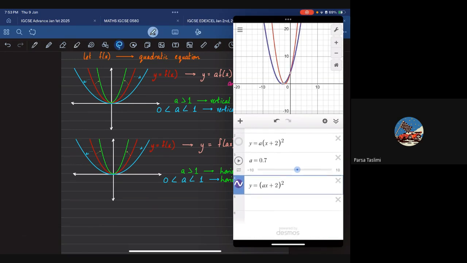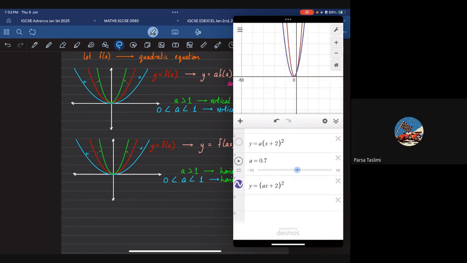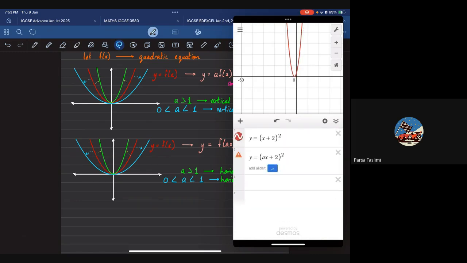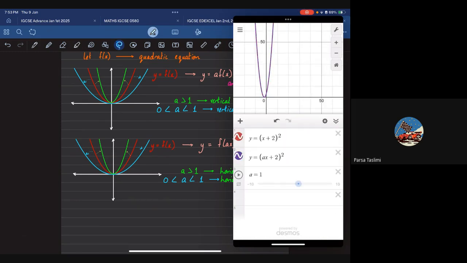Now I'm going to add another slider over here. It was using the previous one. You guys will notice that it's perfectly overlapping when the value of a is 1. But when the value of a becomes greater than 1, you can clearly notice that my graph is being squeezed horizontally, like you're pulling in from the sides.